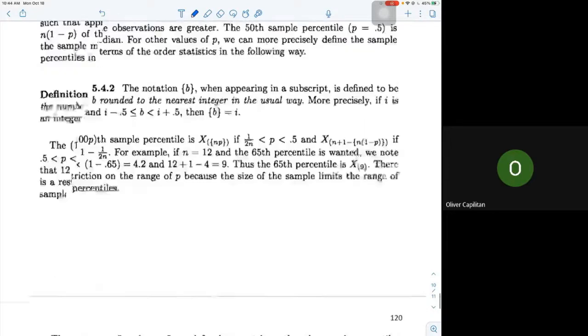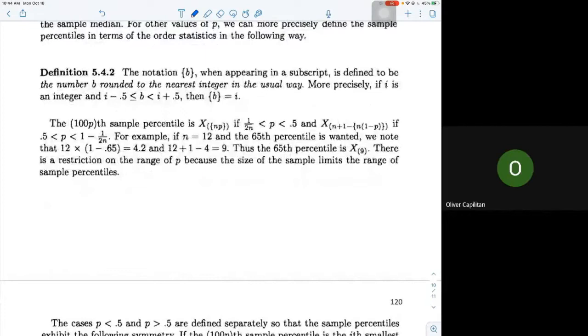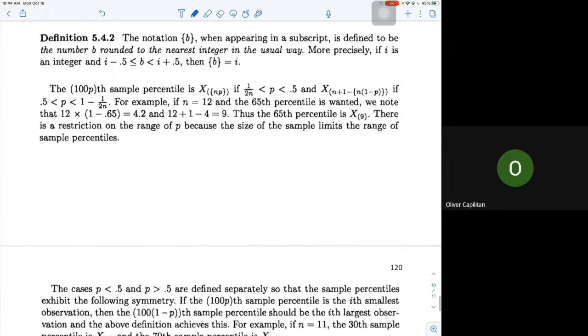Definition 5.4.2, the notation: we have B enclosed by set braces. If this appears in a subscript, it is defined to be the number rounded to the nearest integer in the usual rounding-off way. So the 100p-th percentile is this order statistic.